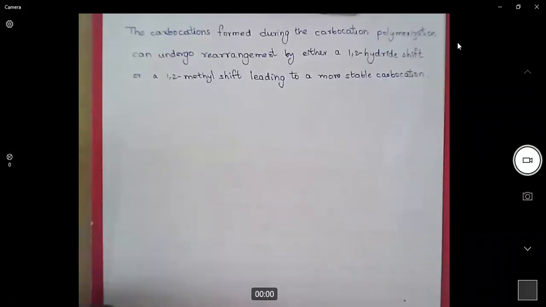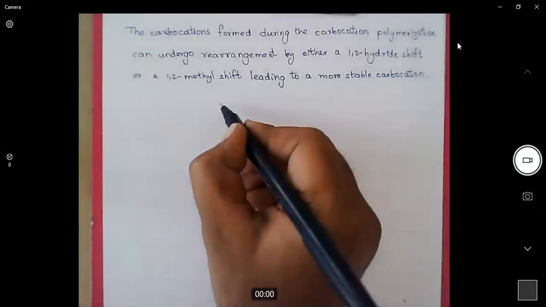In a cationic polymerization reaction, if there is a possibility for the conversion of a less stable carbocation into a more stable carbocation, then a rearrangement will easily occur. So that is what is called carbocation rearrangement.